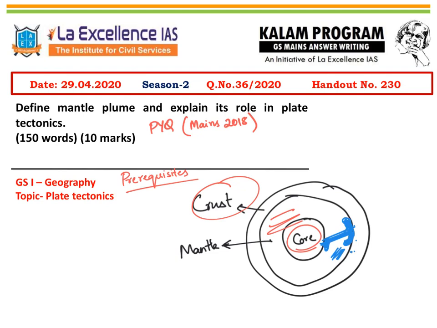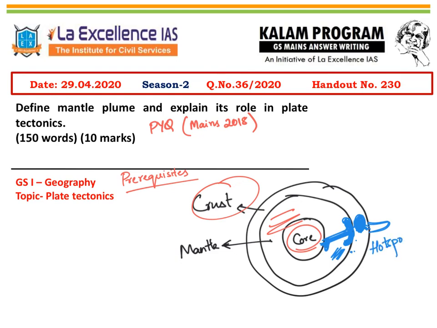What does this do? This heats up the lithosphere lying over it. As a result, some chambers are formed which are known as magma chambers, which supply the volcanoes which are overlying. These are known as hot spots.